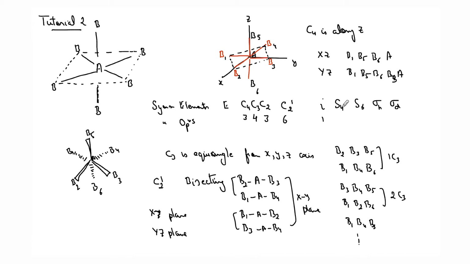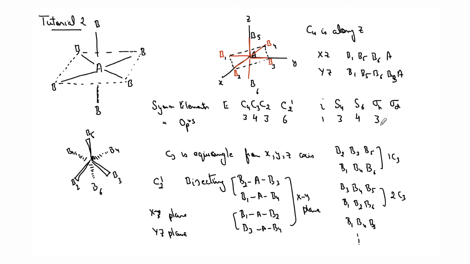I is only 1. S4 will be equal to the number of C4 axes. So if you have 3 C4s, you will have 3 S4s. S6 should be equal to number of C3 axes. So if there are 4 C3 axes, there will be 4 S6 axes. Sigma H, so you have XY plane as the sigma H, then YZ plane, and then the XZ plane.